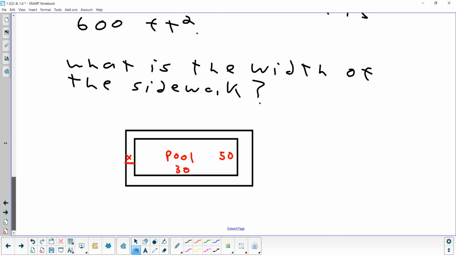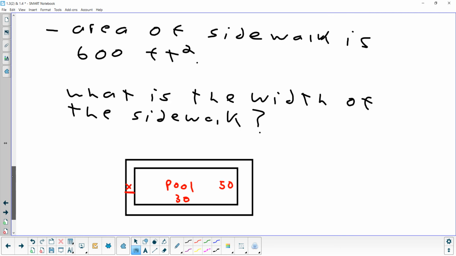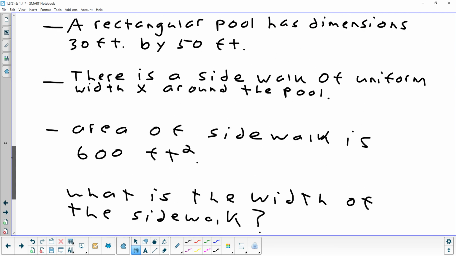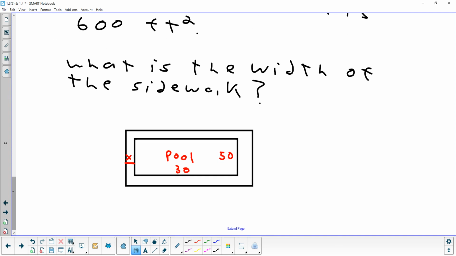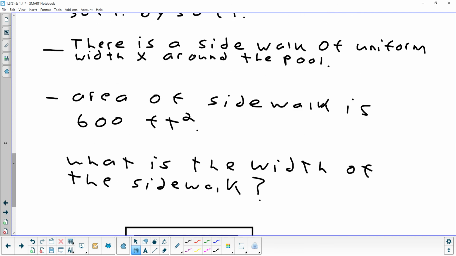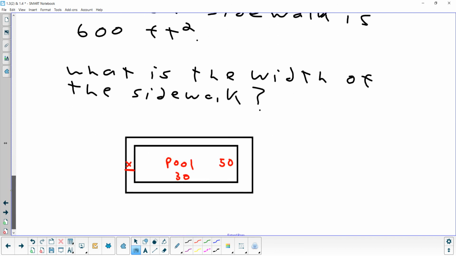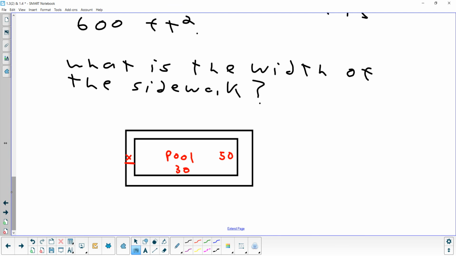And that width is the same on all sides. Okay. So they want to know the width of the sidewalk. That's what we're solving for. All right, so the shape we're dealing with is a rectangle. And in the problem, they definitely give me some areas. So I'm going to need to remember the formula for area of a rectangle.